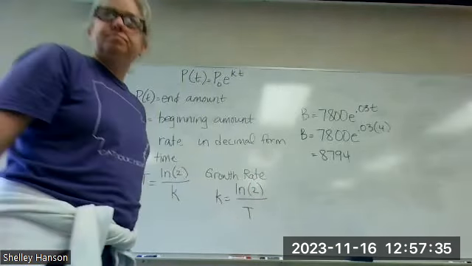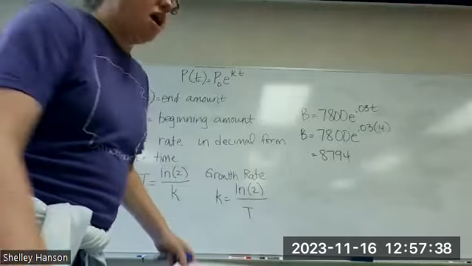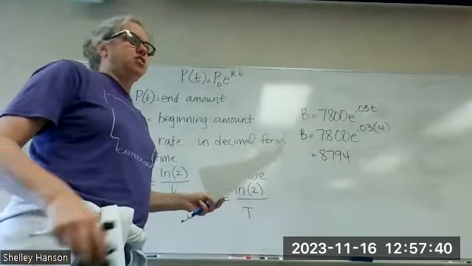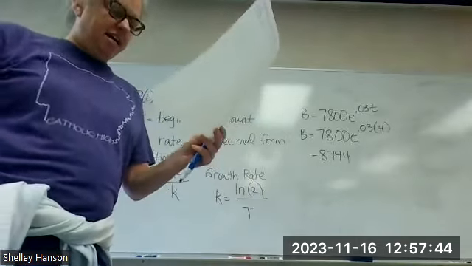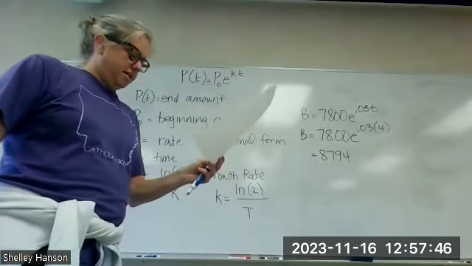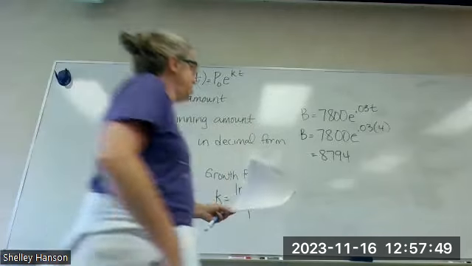Okay, oops. All right, number 5 and 6 are the same exact thing. They're gonna give us a formula and then say how many blank after so many years.